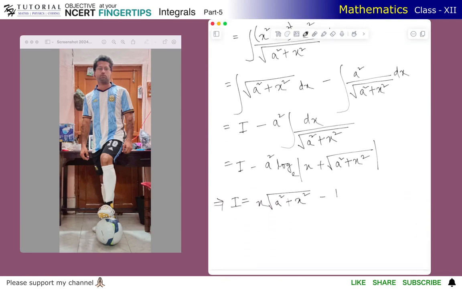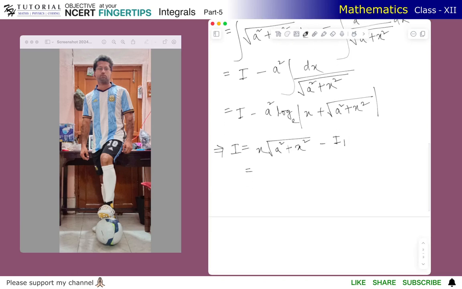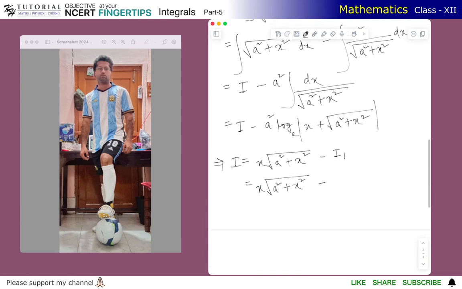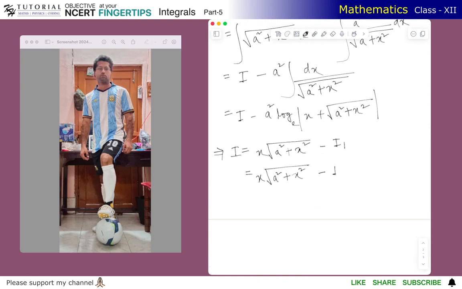So we have this equals x root over a square plus x square, and I1 is I minus this, so this becomes I plus a square log of x plus root over a square plus x square.